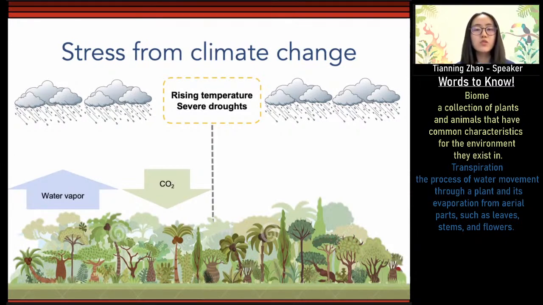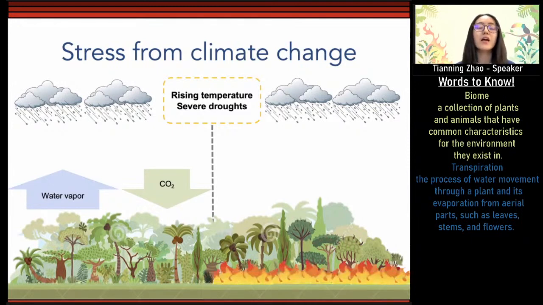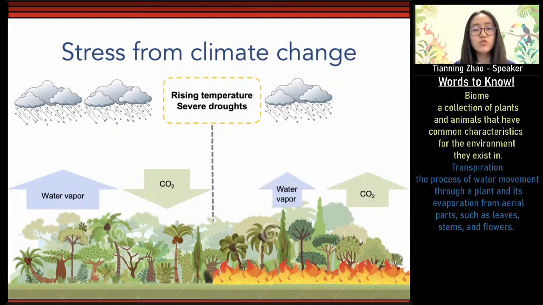And all those things are drying up the rainforest, and thus we're expecting more wildfires, and that burning would release a massive amount of CO2 back into the atmosphere. Also, this drying process shrinks the supply of water vapor, which will then lead to less rainfall in those regions as well.